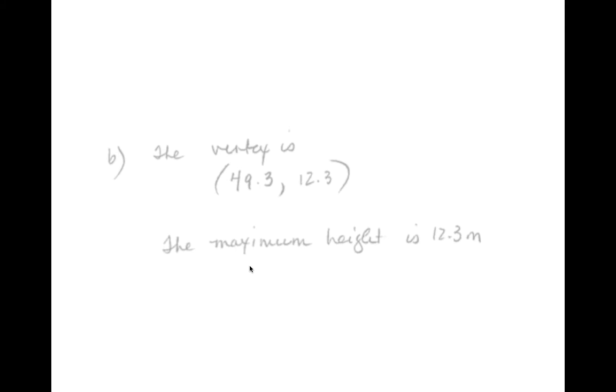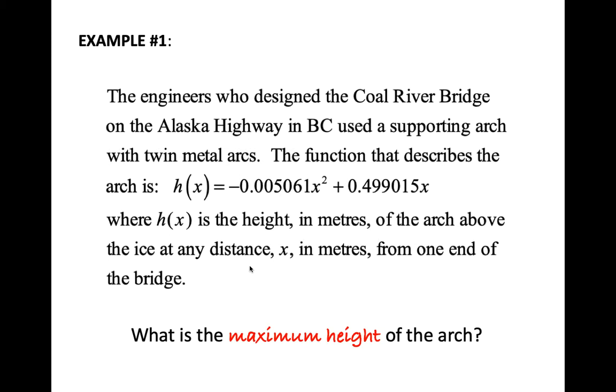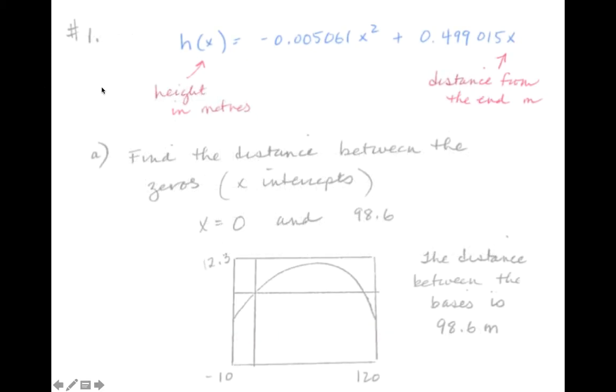It's good to note as well that in both these scenarios, if we were trying to find the x-intercepts and we didn't have a graphing calculator, we could use the quadratic formula and use a scientific calculator. Clearly, I'm not going to ask you to do this by yourself. But if I asked you to do it algebraically, that would mean I want you to show me using the quadratic formula.